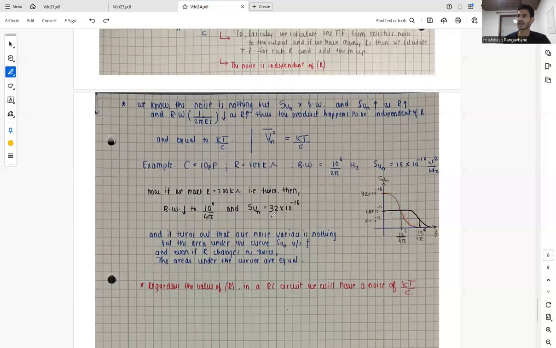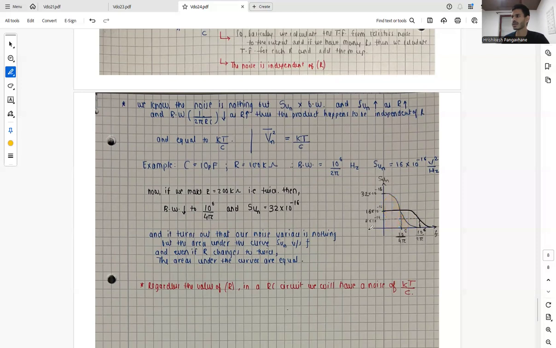So it turns out that our noise variance is nothing but the area under this curve. This area is for the curve with resistance 100k, and this area is for the curve when the resistance is twice.